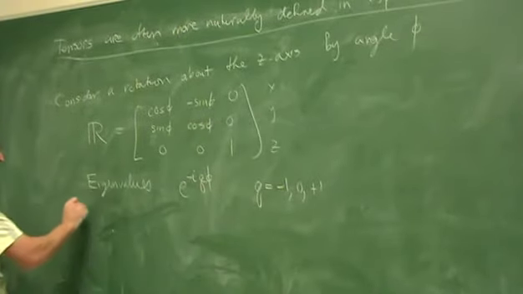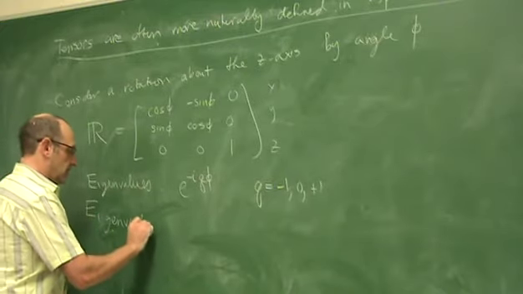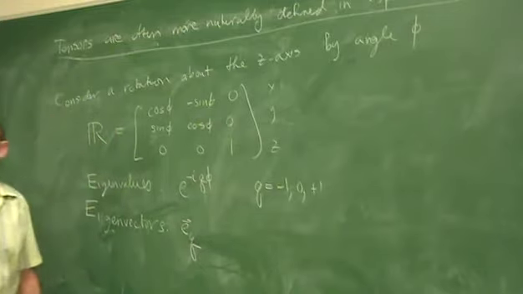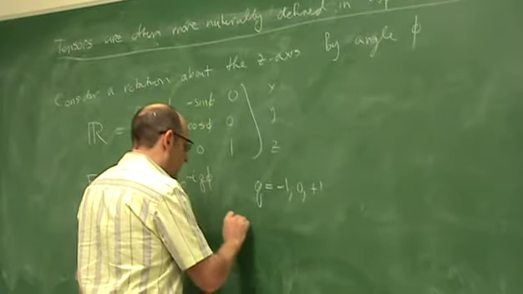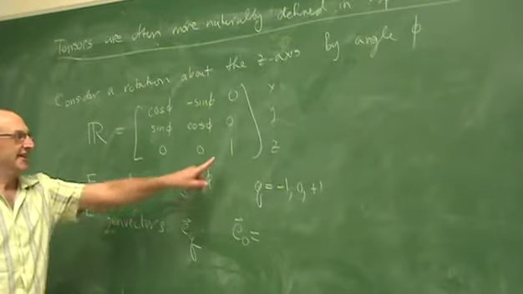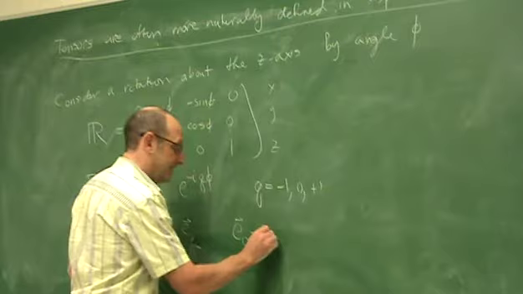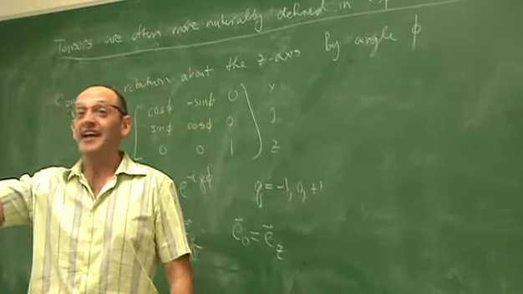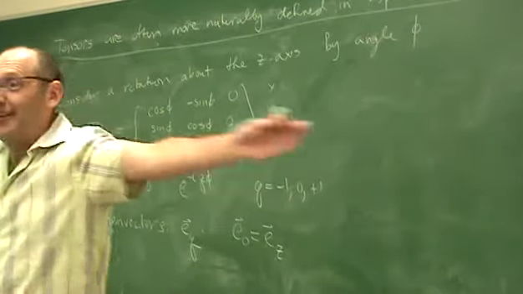And what are the eigenvectors? We'll call them e sub q, where q can be 0, plus 1, or minus 1. E0, when q is 0, is the eigenvector that the rotation does nothing to. So that's just the z-axis. But x and y rotate into one another.